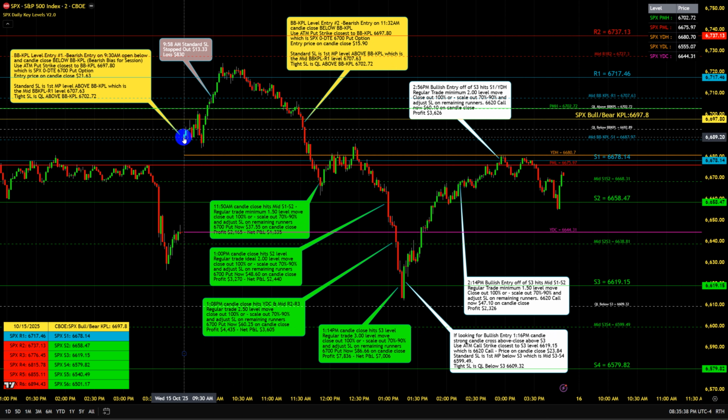But if you're inclined to take trades on the 9:30 a.m. opening candle, then the trade is considered derived from the bull bear key price level, which is important because that determines what strike you're going to use and also what your stop loss options are, as well as what your target exits or minimum target exits are going to be.